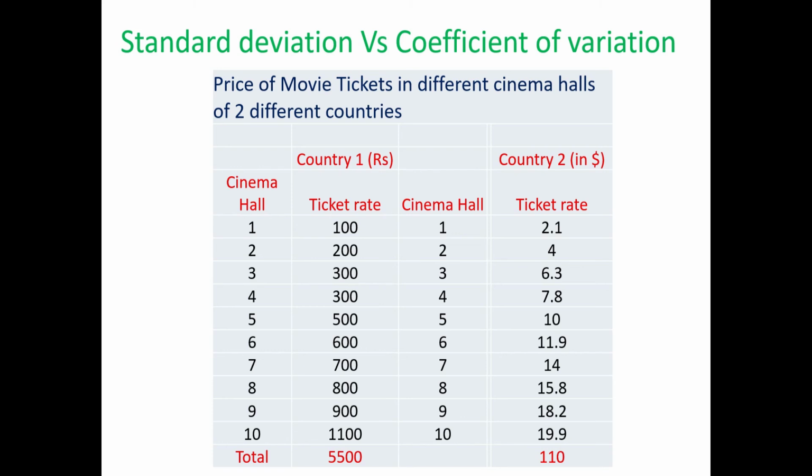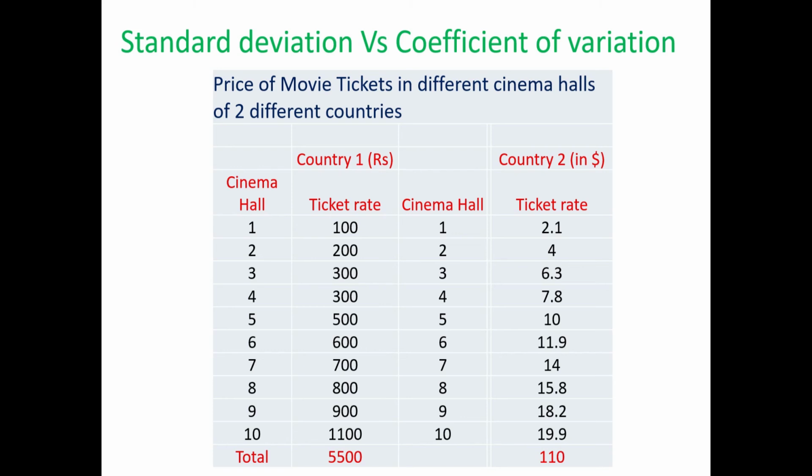So just see the price of a movie ticket in two different countries. In India, in 100 rupees, there are 10 cinema halls: 100, 200, 300, 300, 500, up to 1100. Total is 5500.